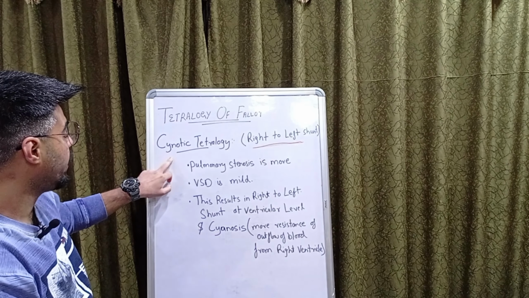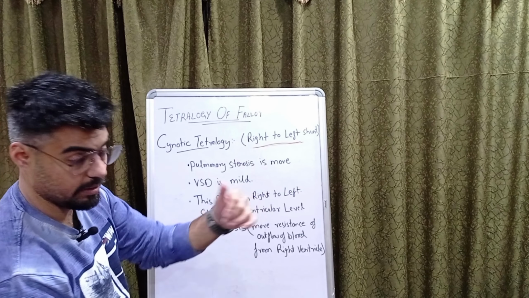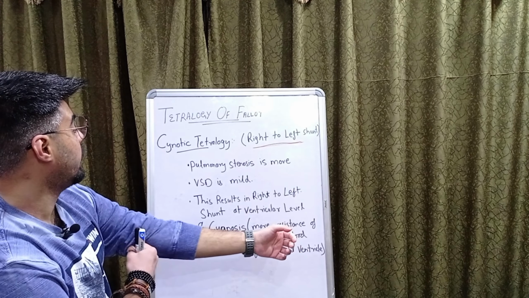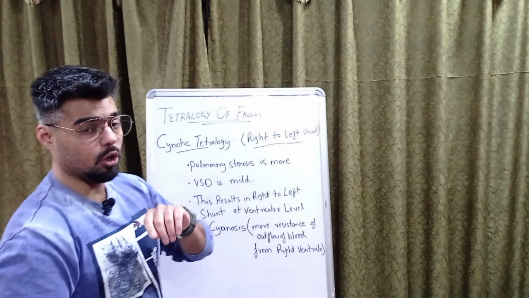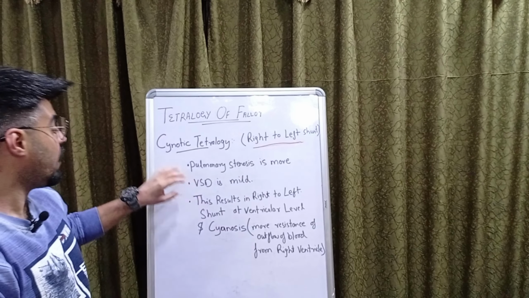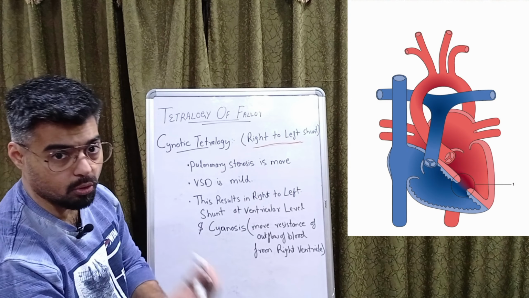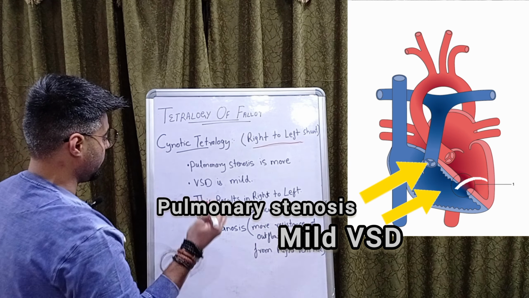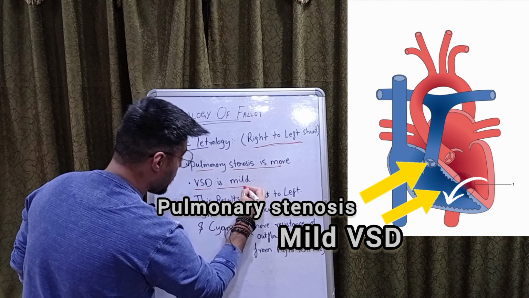This is a very important point, because, as mentioned above, there are two types of tetralogy of Fallot, cyanotic and acyanotic. In the cyanotic type, pulmonary stenosis is more and VSD is mild.